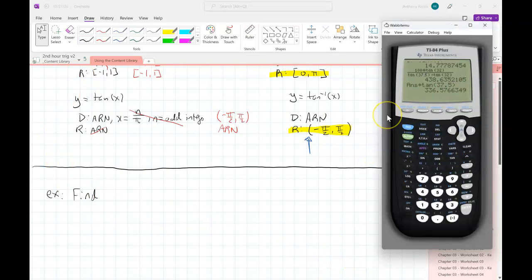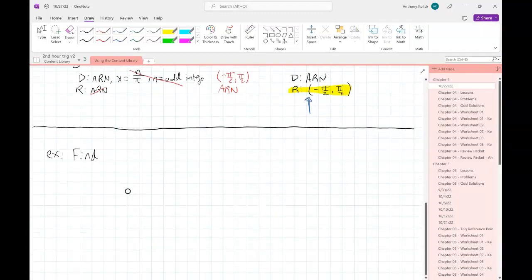So, when we're using the inverse commands on our calculator, there's a couple of things that we have to be concerned with.